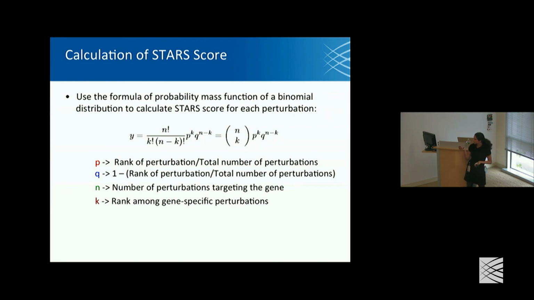And the formula for the PMF of a binomial distribution is shown here, where P is just the rank of the particular perturbation you're looking at divided by the total number of perturbations targeting a gene. Q is just 1 minus P. N is the total number of perturbations targeting a gene, and K is the rank among gene-specific perturbations.